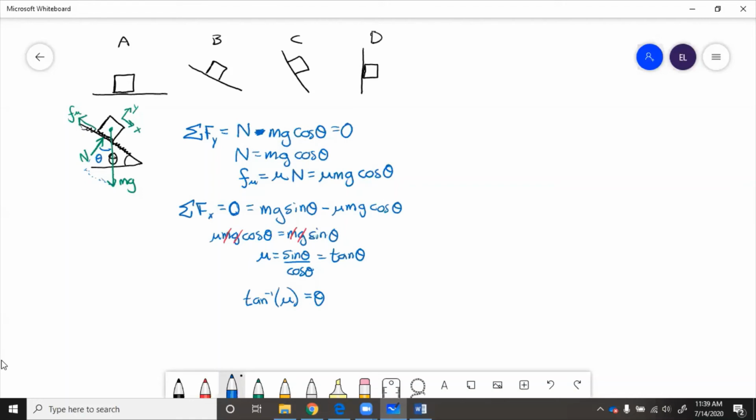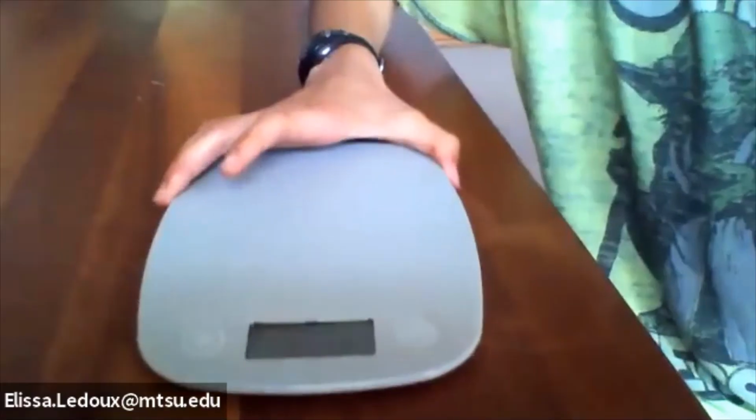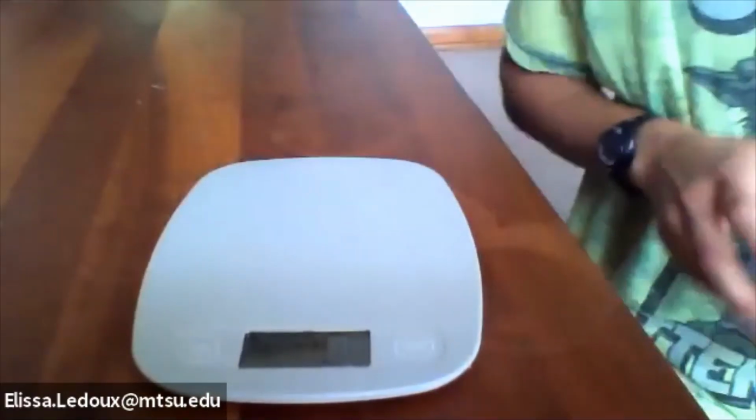Now we can actually test this out. Set up an experiment. I have 2 books here. There's the big book on top, the small book on the bottom. They're both pretty equally sized area, but they're different masses. So first, we're going to weigh it and make sure that they are different masses. All right, so we're going to weigh the first book.